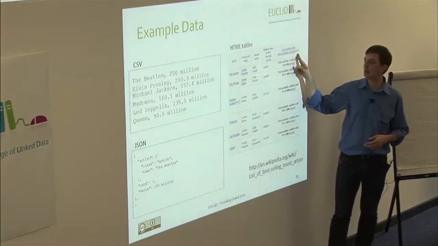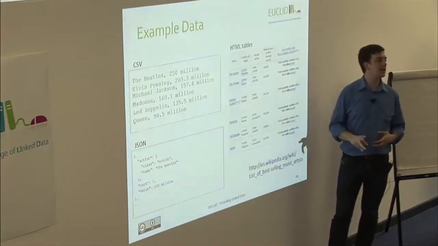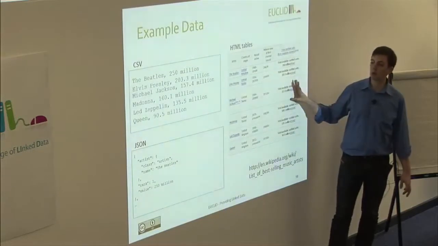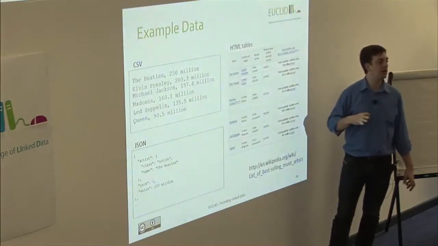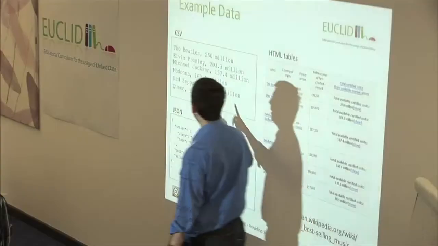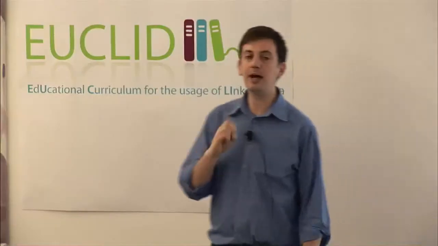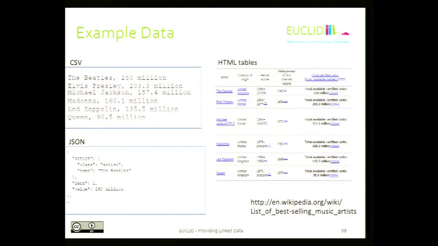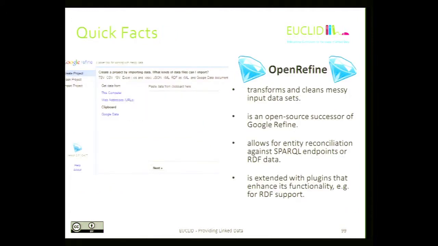So this table has some rich information about sales here, which we don't get from MusicBrainz. That's what it would look like in HTML, which we could extract. Equally likely is that we just get that core information in a CSV file. Okay? So we're going to show the process of turning that into RDF to augment the MusicBrainz data set that we have. So OpenRefine looks as follows.